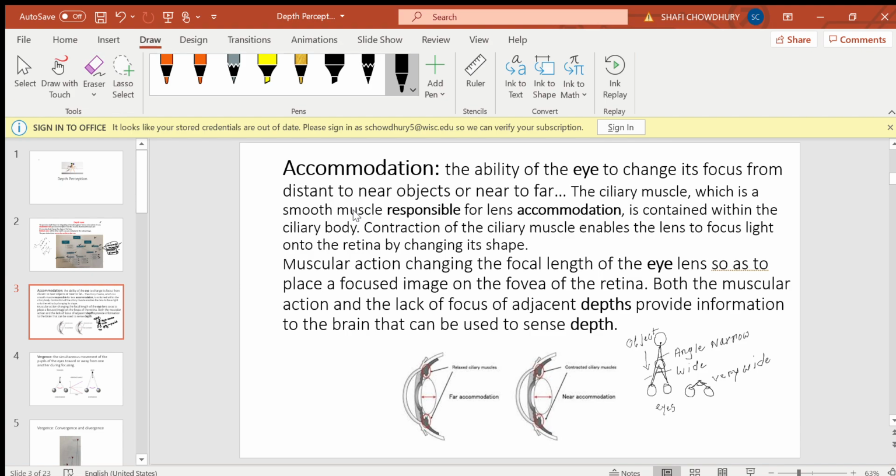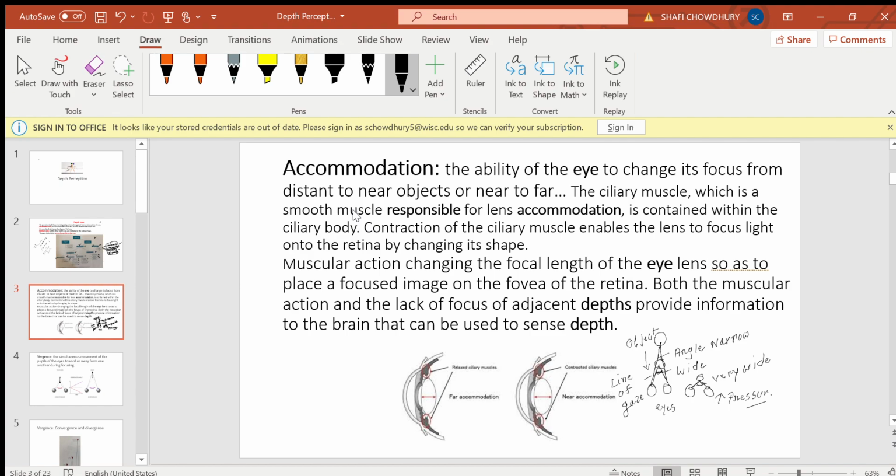These are the lines of gaze, and the angle between them. So here the pressure on the ocular muscles or extrinsic eye muscles is more. Pressure is more. So here it will be blurry if it is less than 10 centimeters.